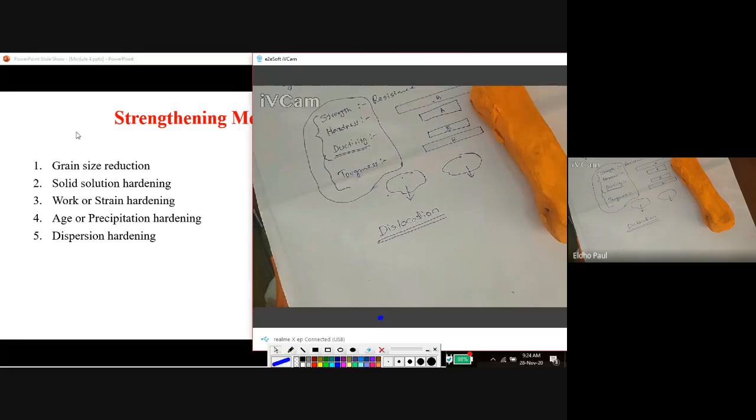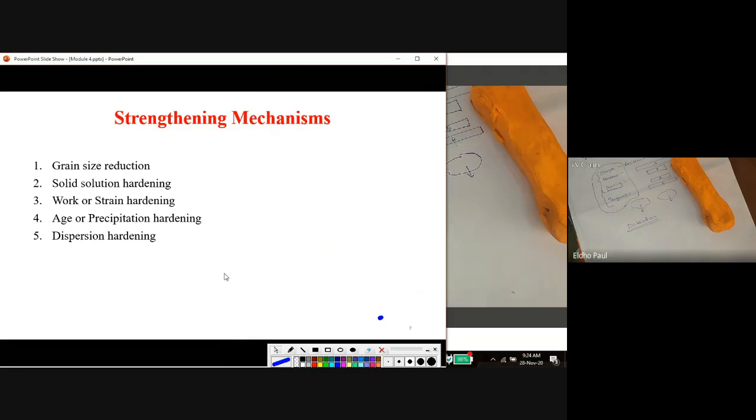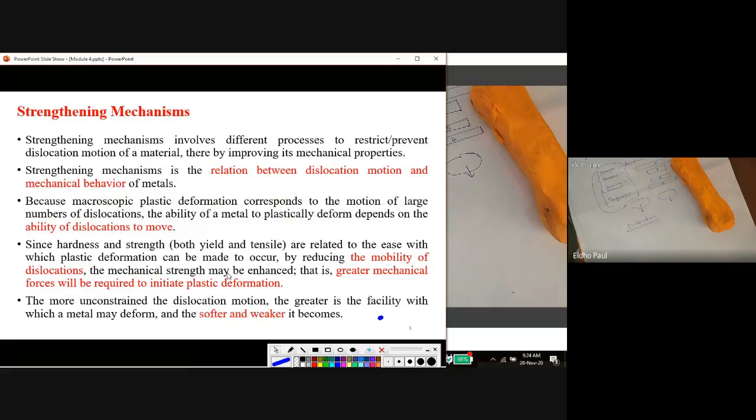So the important factor on which the strength of a material depends is dislocation motion. Since hardness and strength are related to the ease with which plastic deformation can be made to occur, by reducing the mobility of the dislocations, the mechanical strength may be enhanced. So we have to restrict the movement of the dislocations, thereby we can improve the strength of the material.